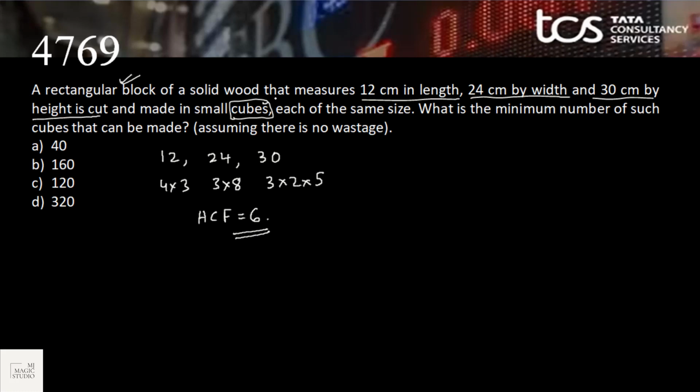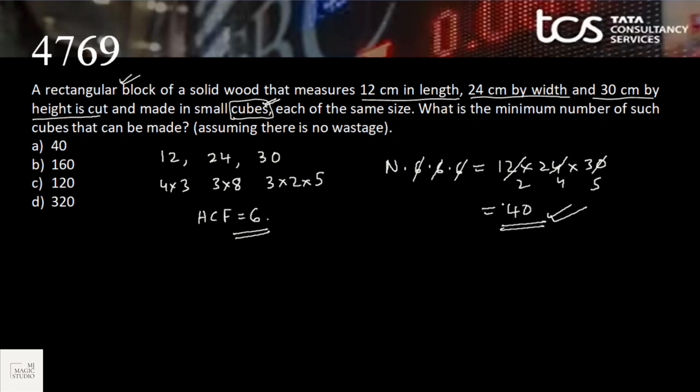So the side of the small cube that we can form is 6. Now the number of cubes, let it be n. That means n into 6 into 6 into 6 should be equal to the volume of the wood, 12 into 24 into 30. That is 2 times, 4 times and 5 times. 5 into 8 is 40. So the minimum number of such cubes that can be made without wastage is 40. Option A fits in.